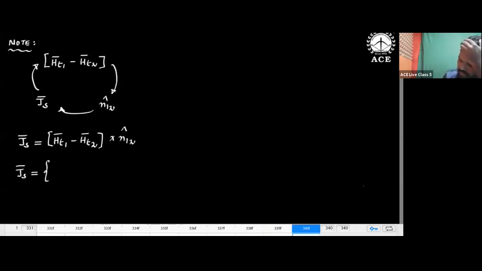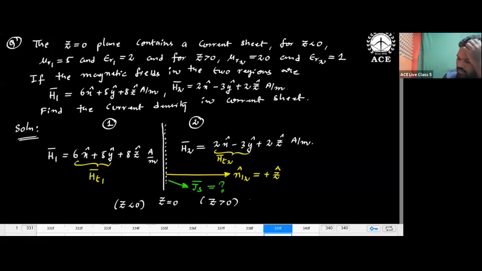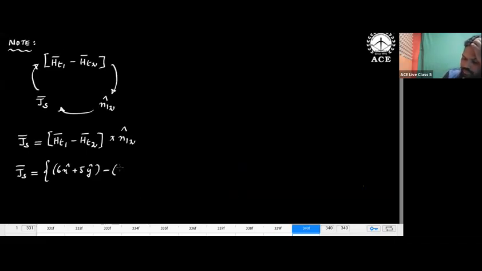So here it is JS is equal to. What is HT1? 6x cap plus 5y cap, minus HT2. What is HT2? 2x cap minus 3y cap, cross product with Z cap. Here it is 4x cap plus 8y cap.